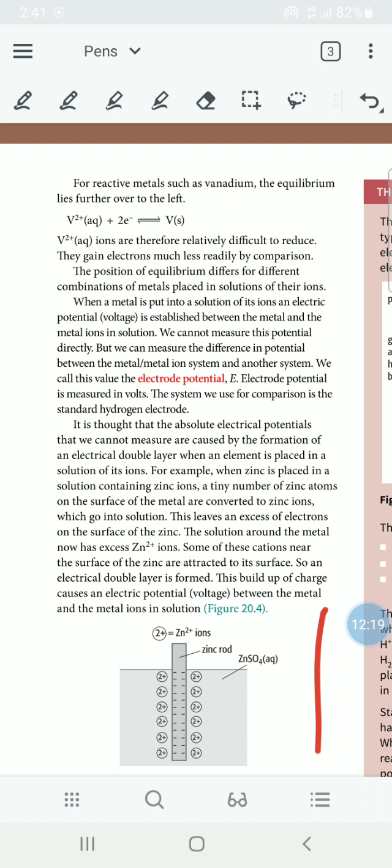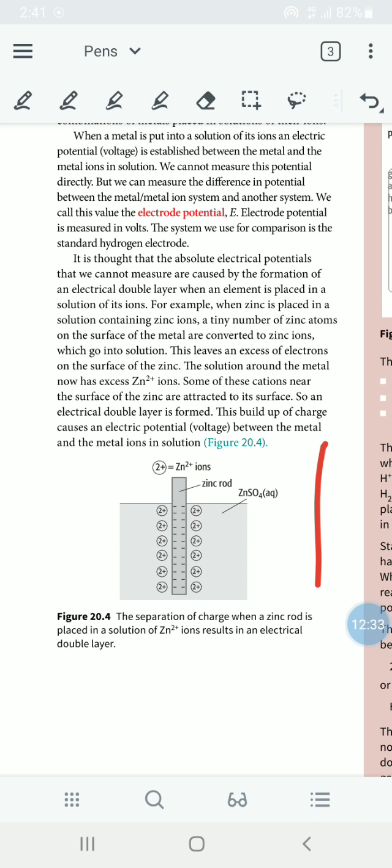We usually use the standard hydrogen electrode for this purpose.